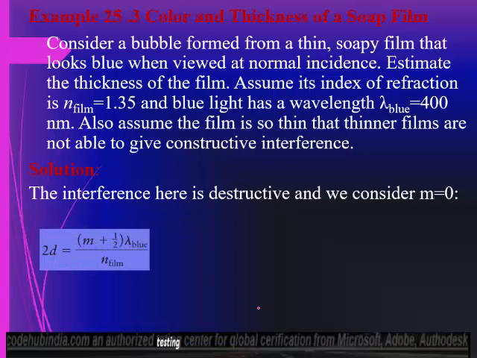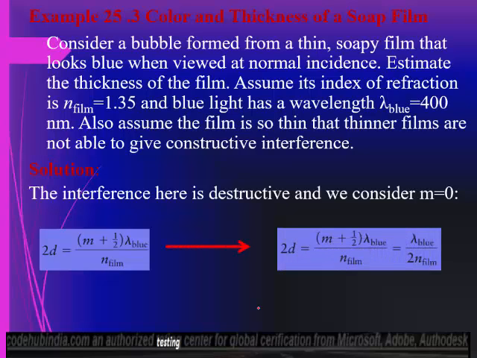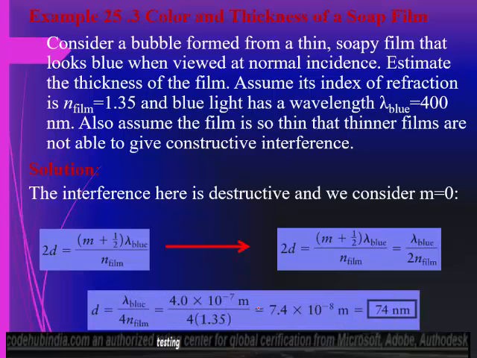Then 2d equal to this, and what number do we get? That is lambda blue by n film 2. That is 74 nm. d equal to.